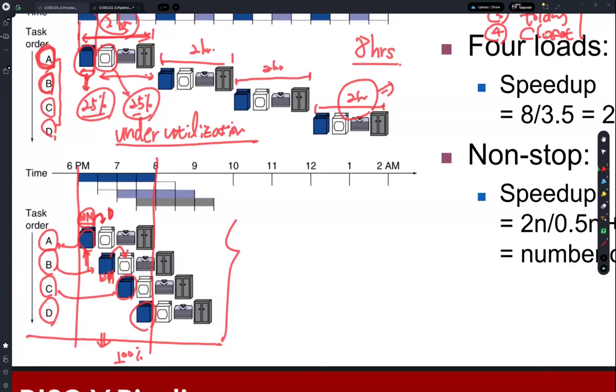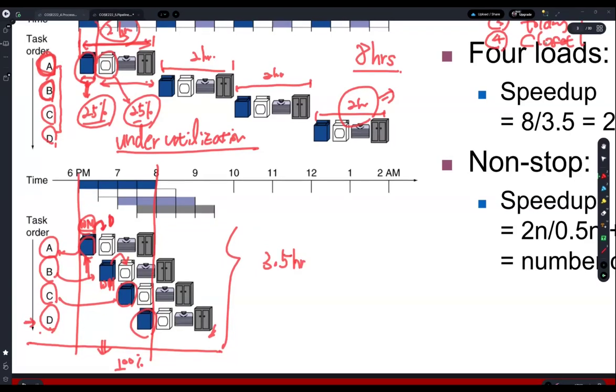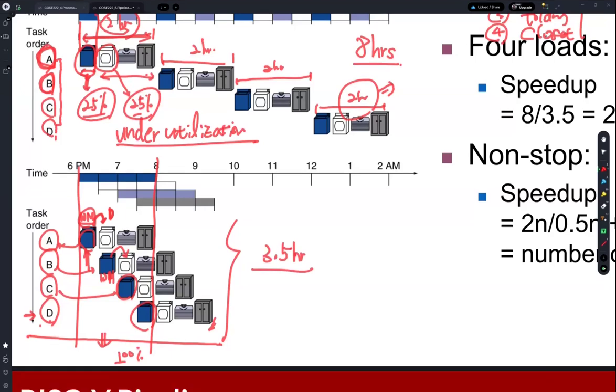And then what is the benefit? For performing these four tasks, we can take only 3.5 hours, right? Until completing the task D, we just consume 3.5 hours, right? So compared to 8 hours and 3.5 hours, what is the speed up?